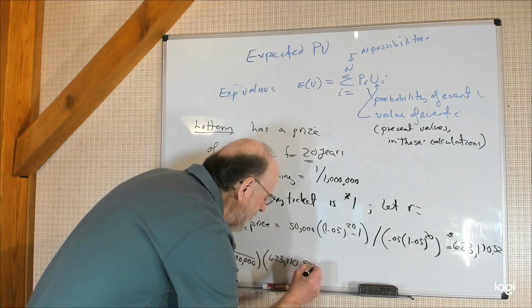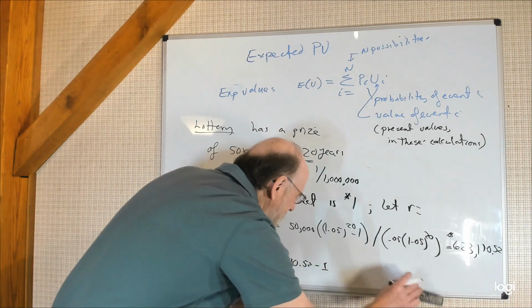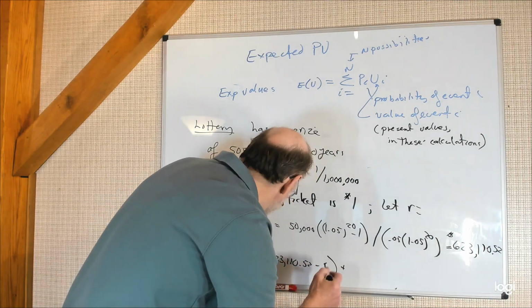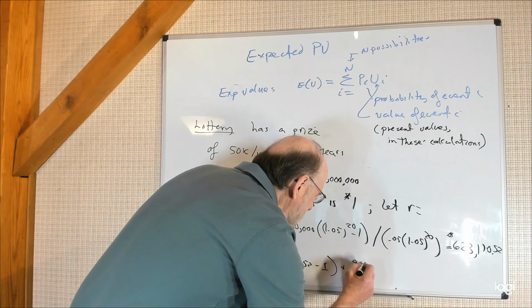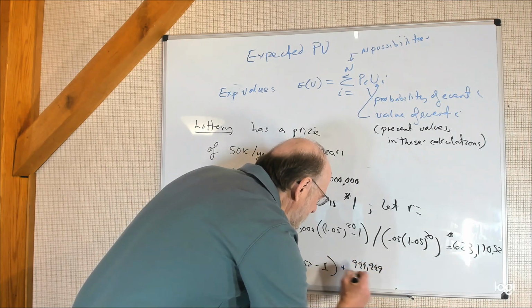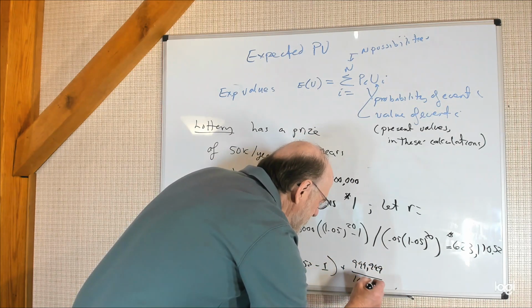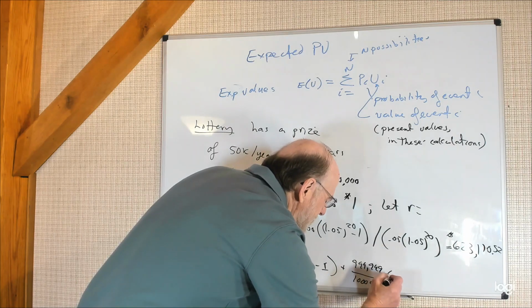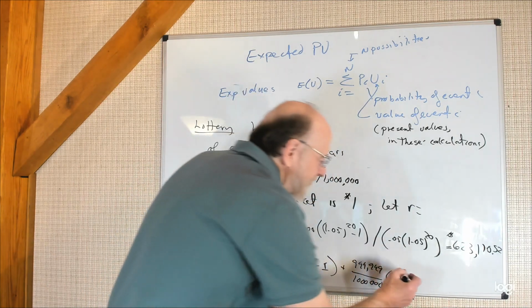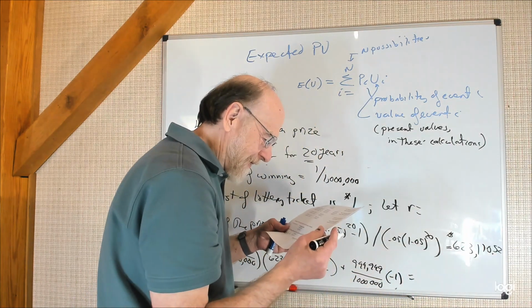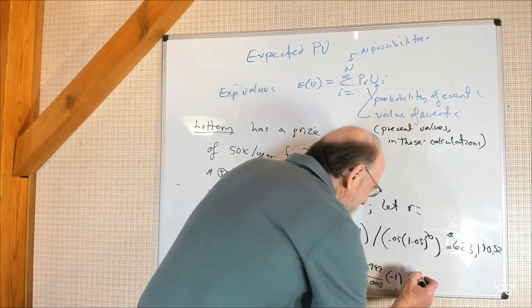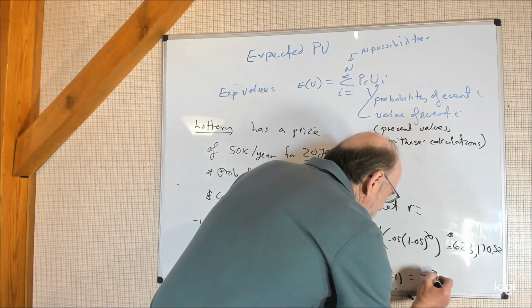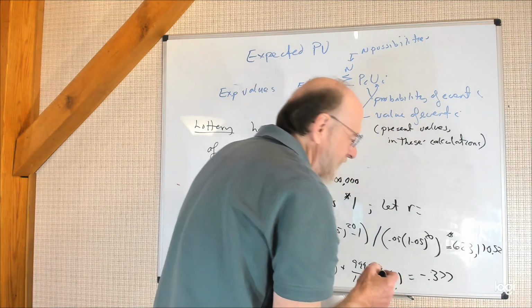Minus the cost of the ticket, $1, plus 999,999 over a million times minus 1, the cost of the ticket. And when you do all that work, you get back minus 0.377, right?